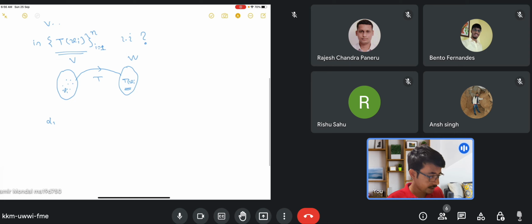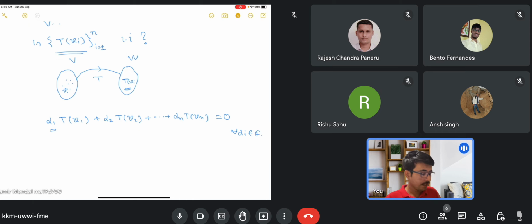We should take this collection: alpha1 T(v1) + alpha2 T(v2) up to alphan T(vn) equal to 0, where your alpha i are from the field F. If all alpha i are 0, then we are done. Otherwise we can't say anything.